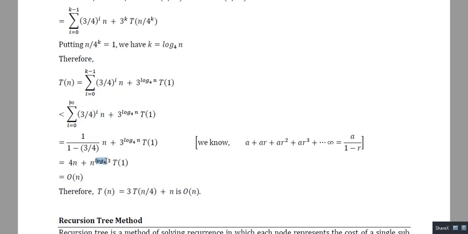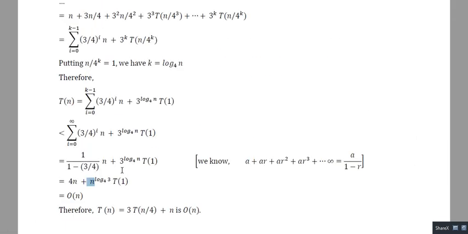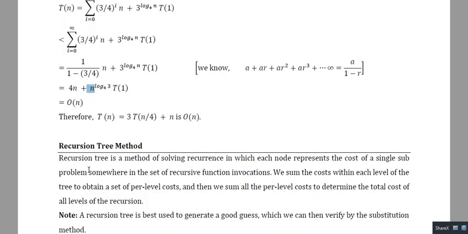So now the value of this log 3 base 4 is always less than 1. So 4n plus n power something which is less than 1 means this whole value is always less than this. So asymptotically this is higher than this. So this will be order of n. Okay. So this is how we solve a recurrence using the iteration method.